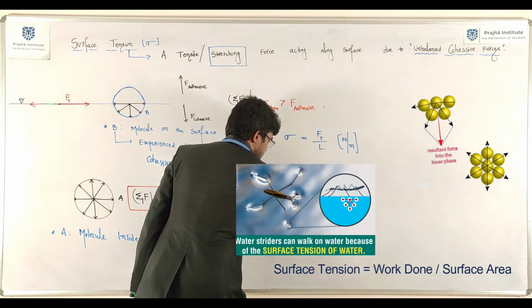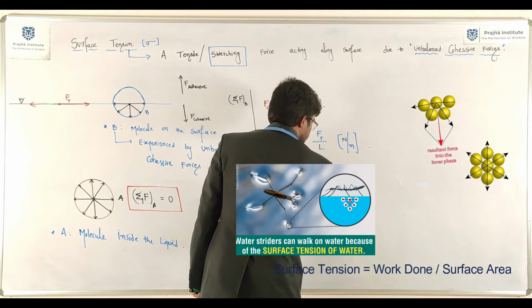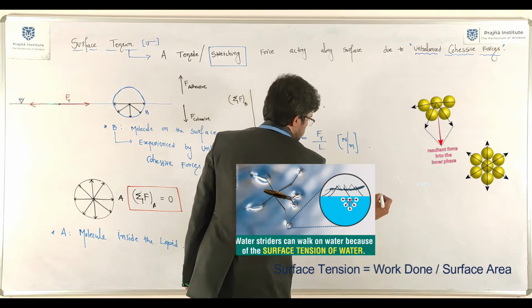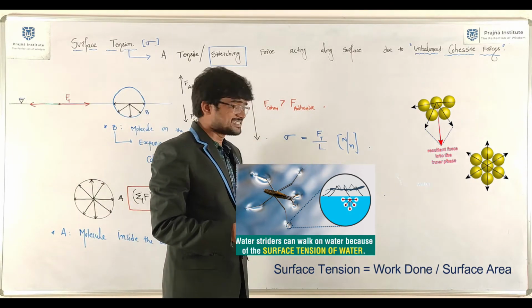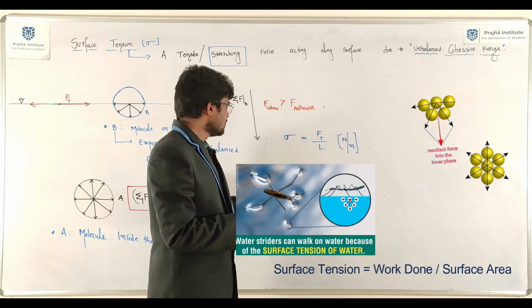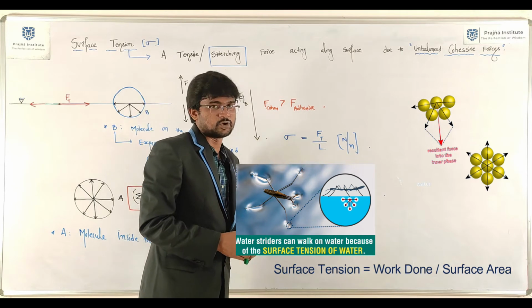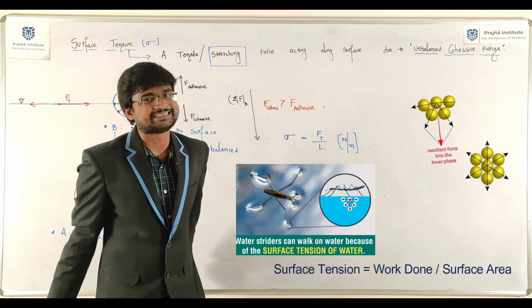Work done per unit area is nothing but joule per meter square. This is surface tension: tensile force acting per unit length and work done per area. The unit of surface tension is Newton per meter or joule per meter square.